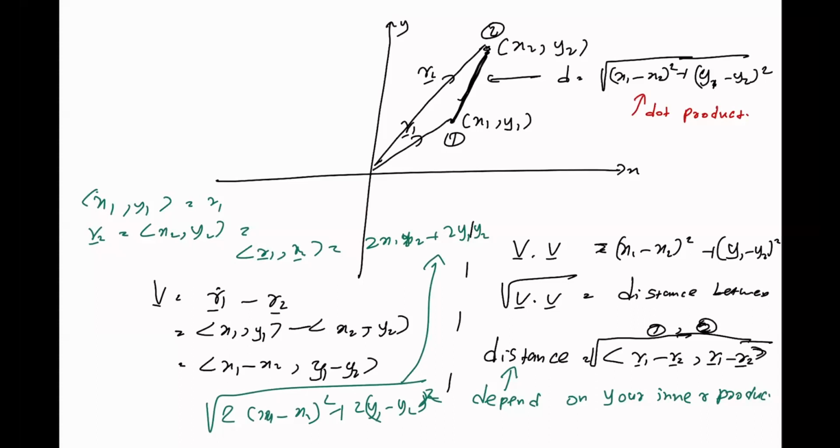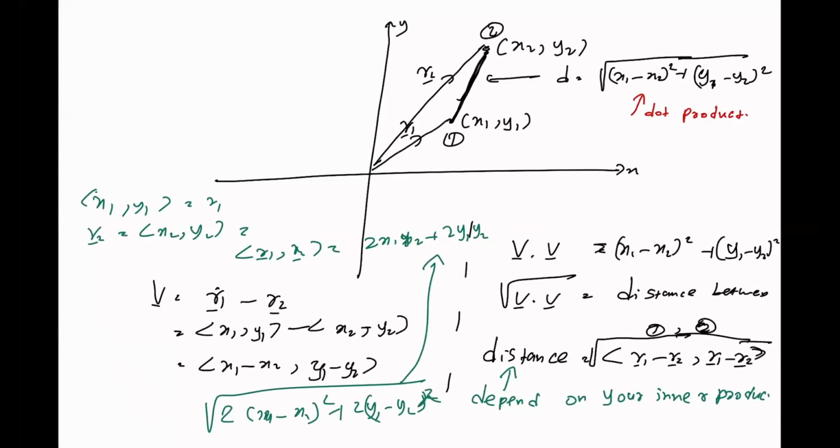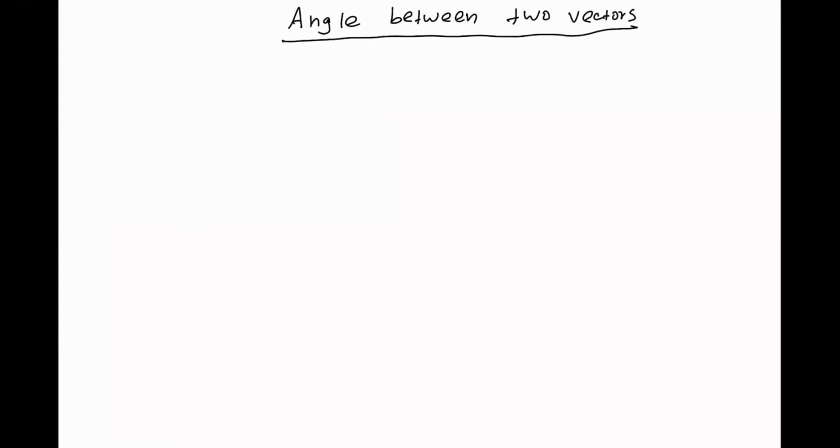Okay, so then I'm going to tell you the angle between two vectors. Before doing that, I need to clarify an equation, called, if I remember the name, not Euclid's equation, actually Cauchy's equation.